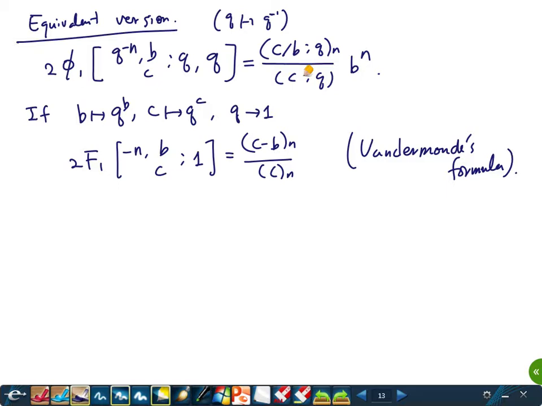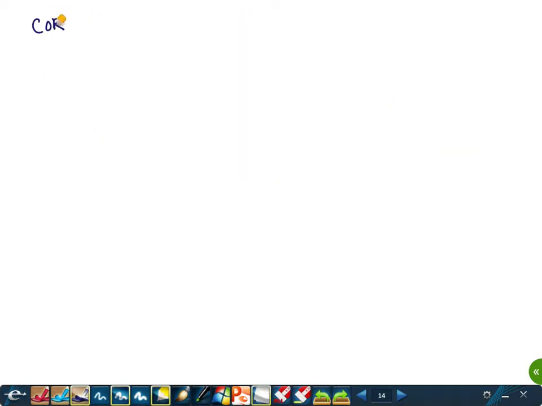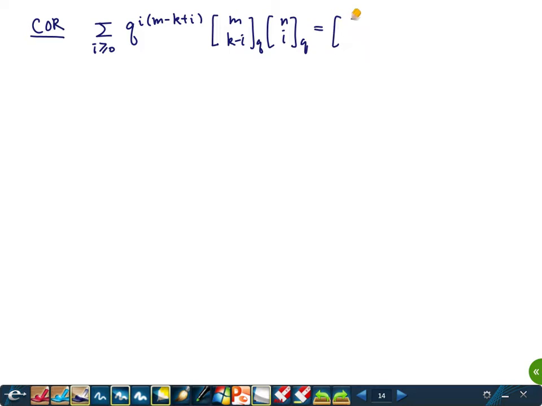Okay, so now I'm going to tell you why this is called the q-Vandermonde identity. Because this is a generalization of the following identity. Let me write that down. So the corollary. This is a q-Vandermonde identity.